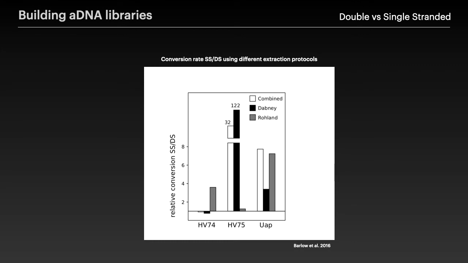What we see here is that, except for two cases, across all the different extraction protocols, designated by colors here, in all cases the conversion rate for the single-stranded library was higher. That means that more molecules ended up being converted into a DNA library.